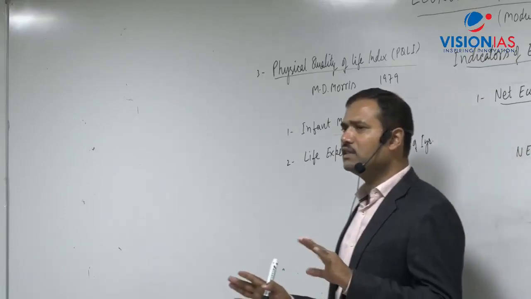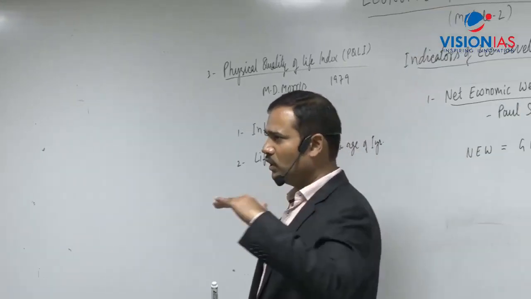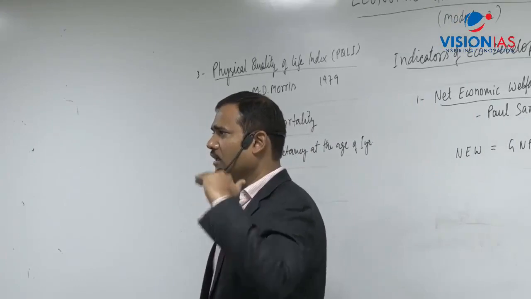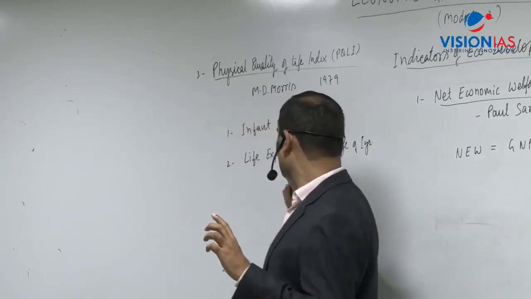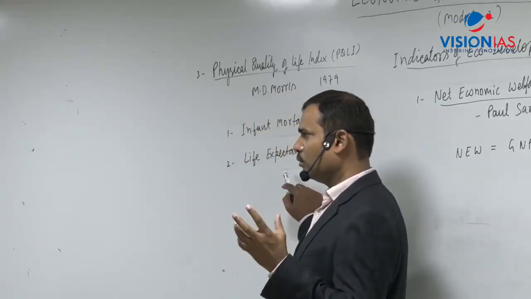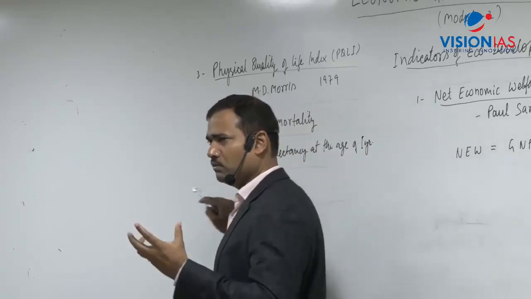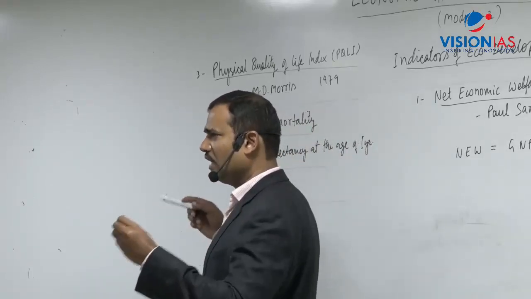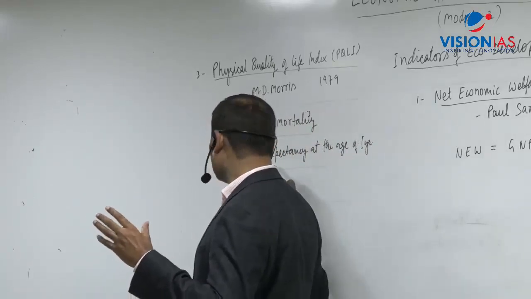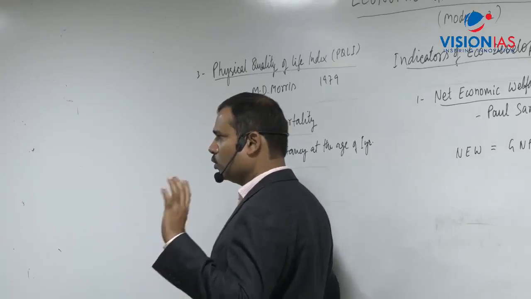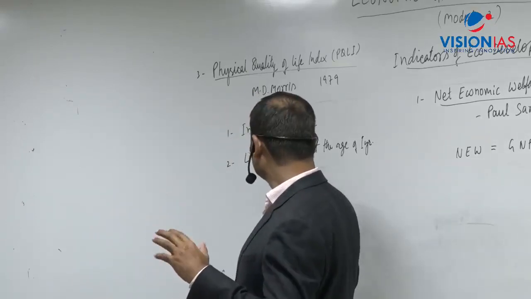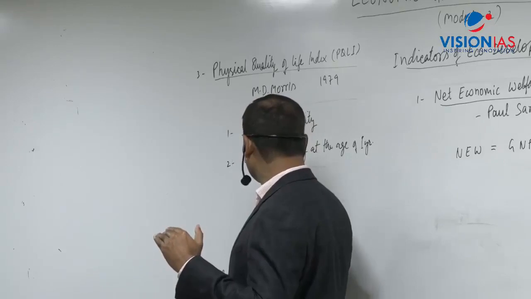In simple words, the average lifespan of people. So if people are living longer in a country, can we say that the level of well-being should be high? Yes, because problems like nutrition, health, or even stress will affect life expectancy. Life reduces with diseases and other things.